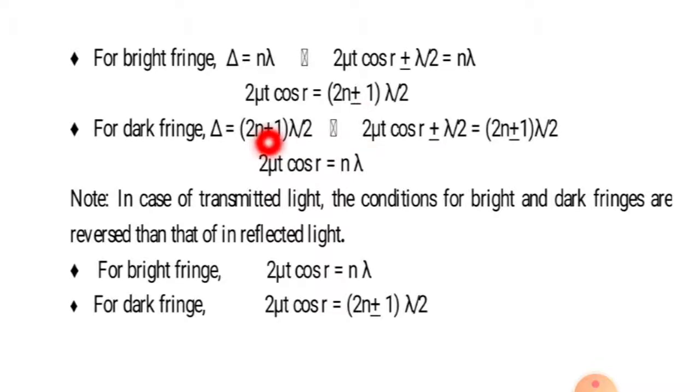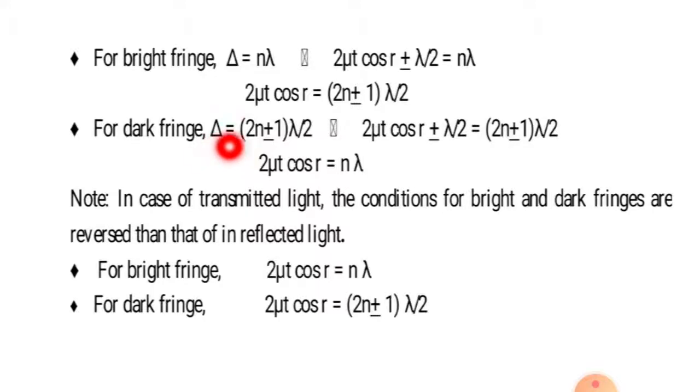Next, the condition for a dark fringe. If the path difference is an odd multiple of half wavelength, we get a dark fringe with minimum intensity. These two are the mandatory conditions for constructive and destructive interference in thin films. So for a dark fringe, the path difference is equal to 2n plus or minus 1 into lambda by 2.